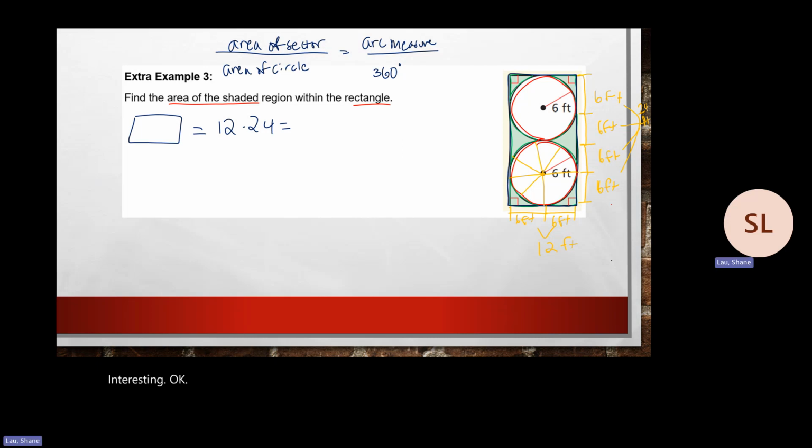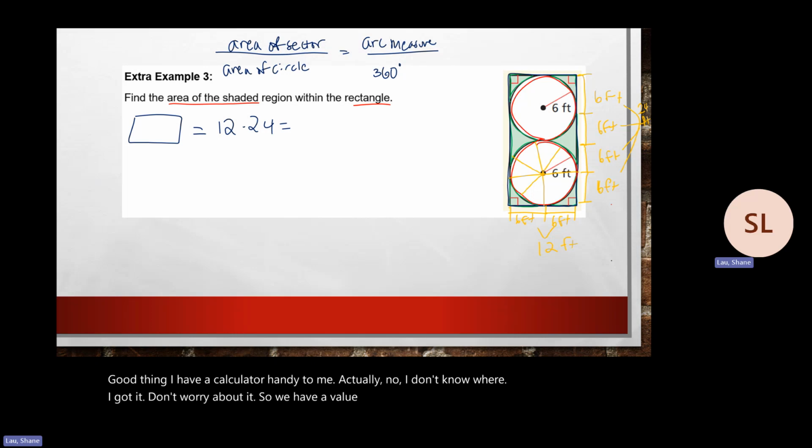Good thing I have a calculator handy. Actually, no, I don't. Oh, I got it. Don't worry about it. So we have 12 times 24. That's going to be 288.